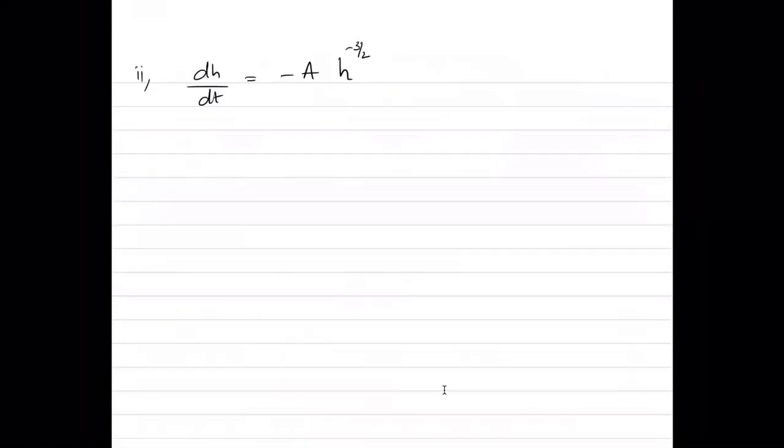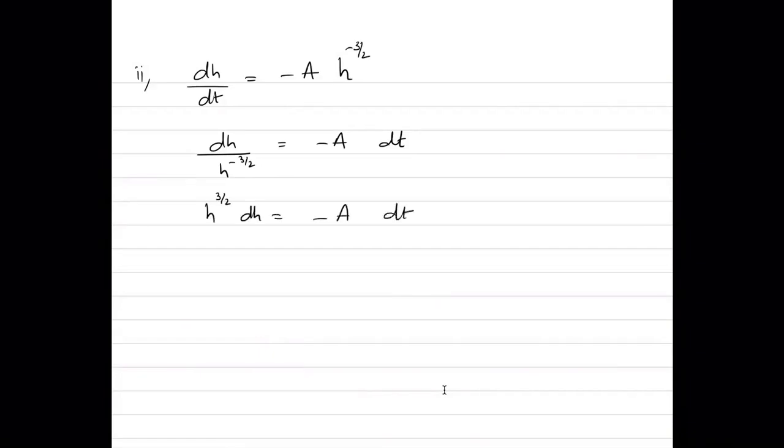If you separate the variables, what do you get? h to the power of 3 upon 2 dh equals minus a dt.